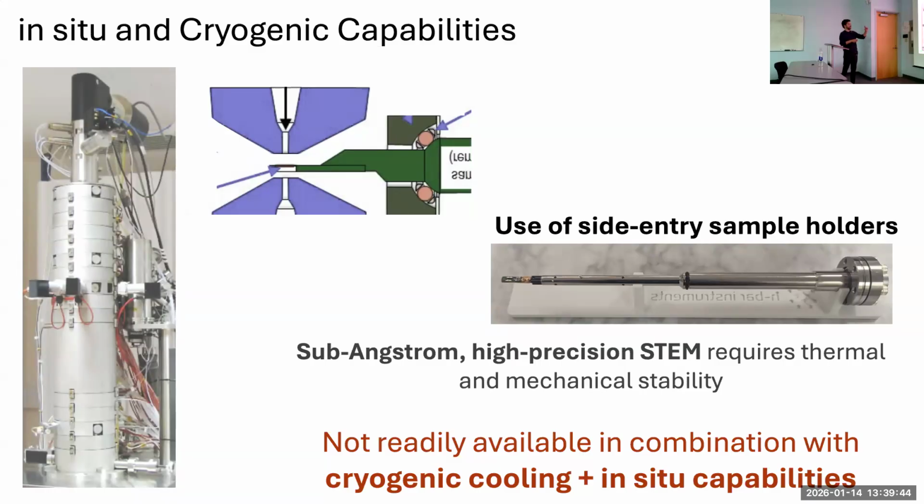This is the objective lens. You have about 3 to 5 millimeters of space. And moreover, the diameters of these rods limit you to a few millimeters in inner bore. And so introducing cooling, biasing, gas becomes extremely challenging. And as a result, cryogenic capabilities in the STEM have historically lacked compared to the capabilities of the microscope.